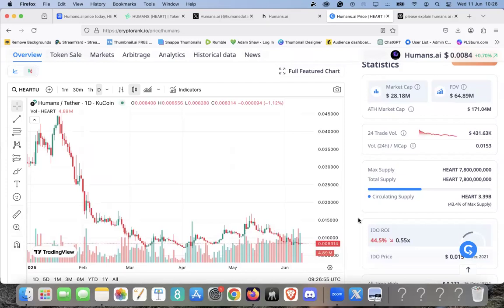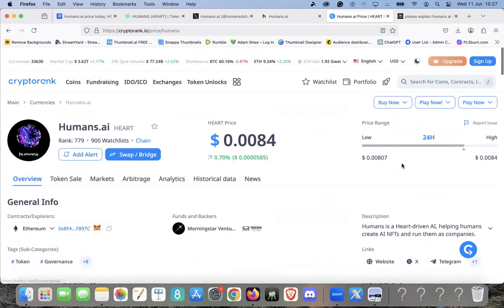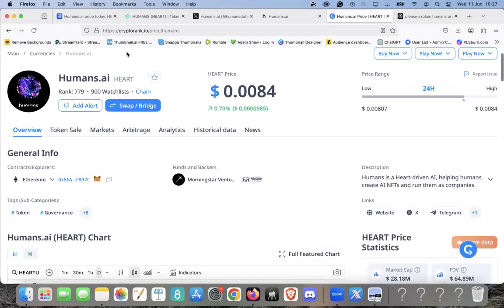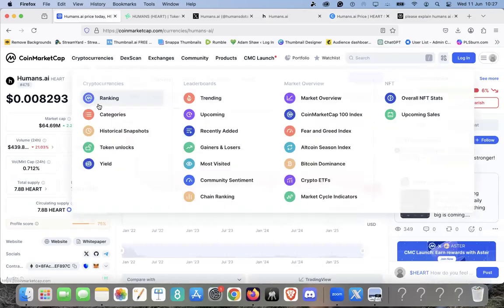So it's telling us that somebody has got some information that's badly out of sync here. And this is the importance of checking things from multiple sources when you're doing research, because somewhere in the middle is the correct amount. And also, look, it says here that the circulating supply is 43%. So we are getting very different information from this website to this website.